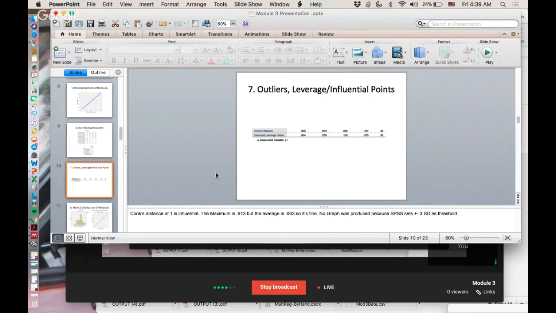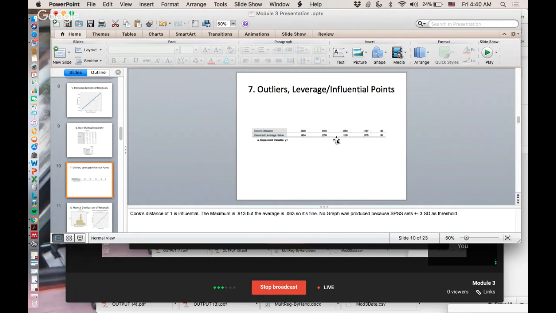The next one is outliers and leverage or influential points. Once again, this is the output I got when I ran my diagnostics. So we're looking at Cook's distance and the centered leverage. So for Cook's, this 0.9 value right here is the highest, which is close to 1. So that's obviously problematic.